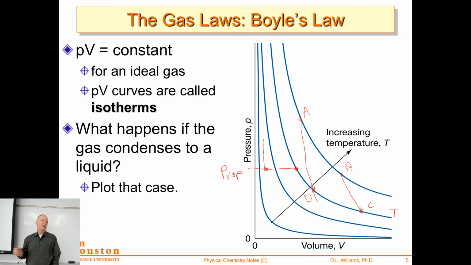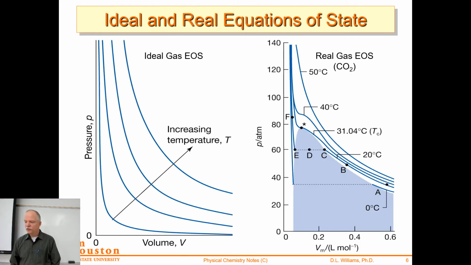And for an ideal gas, you never get condensation. So this might be the plots, the blue curves are the isotherms for the ideal gas. We never see this flat business because we don't have any condensation in an ideal gas. So let's look at a real PV diagram, or one that's closer to experiment, the one on the right. So on the left, you have the ideal gas equation of state where you never see condensation, and on the right, you see condensation.